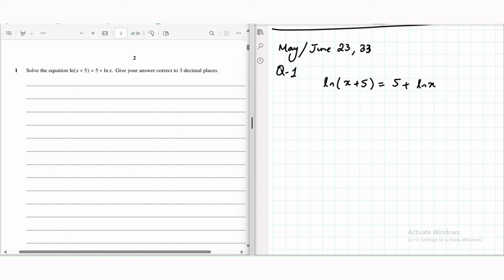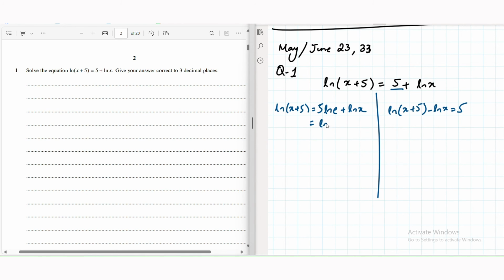There are two ways to solve this. One way is to attach an ln term to the 5 to make all the expressions ln. So ln(x + 5) equals 5 ln e, because 5 times 1, and ln e is 1, and we can write it like this. Or we can take the ln expressions on one side: ln(x + 5) minus ln x equals 5.